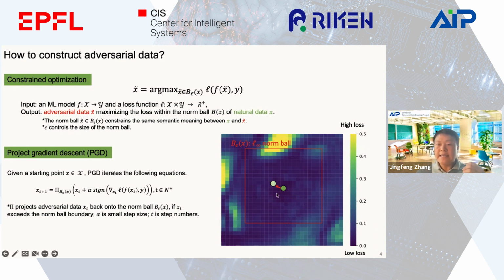Now, we get a new point whose loss is slightly larger than the natural data. Then we calculate the gradient again. The loss of the yellow point is again larger, and so on and so forth. Finally, we get a red point, which can make the machine learning model inaccurate.